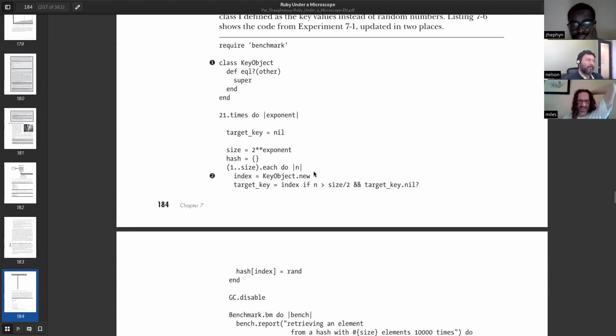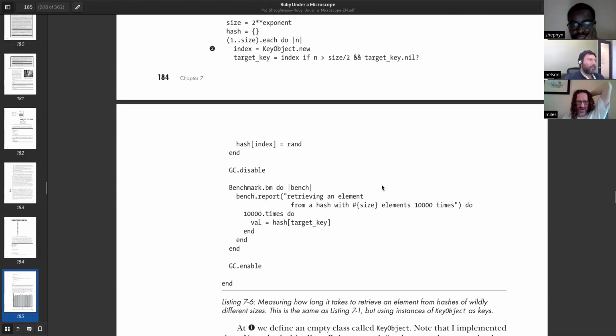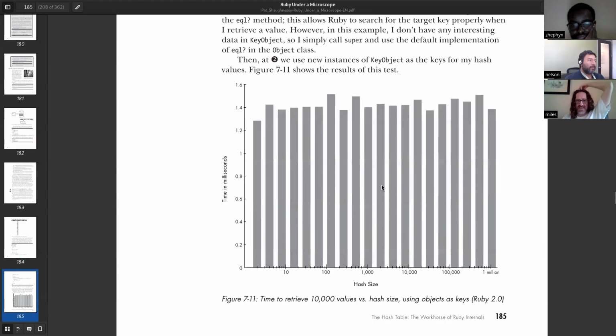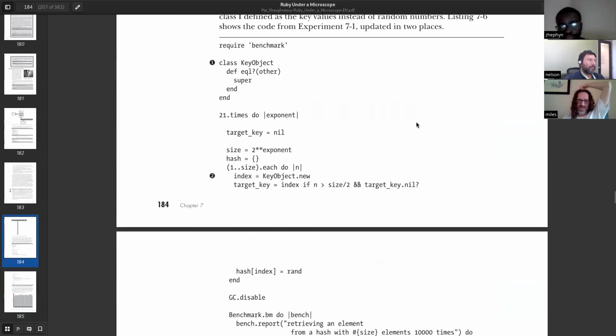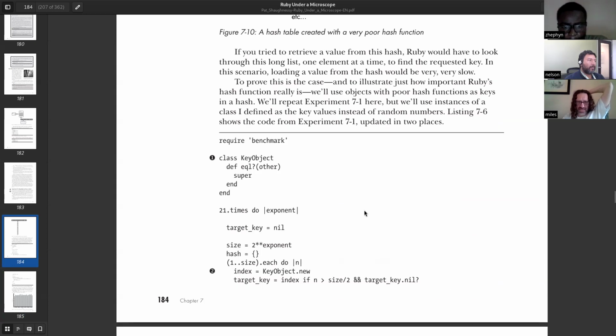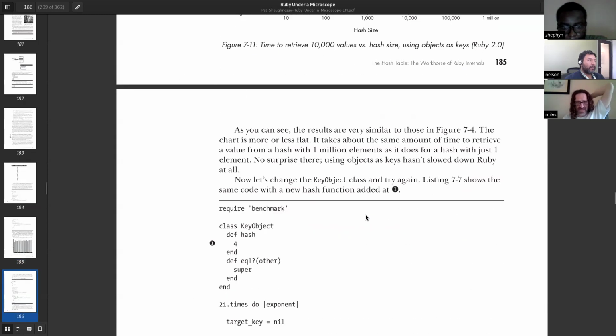I kind of wished I had paid better attention to understanding why he's doing this partitioning or whatever is going on here. But he's showing that here we have this flat structure. And notice that we're not overriding hash. Where he is going with this is that down here, he overrides hash to return four all the time.